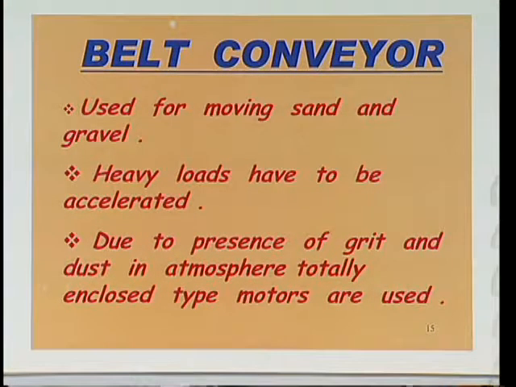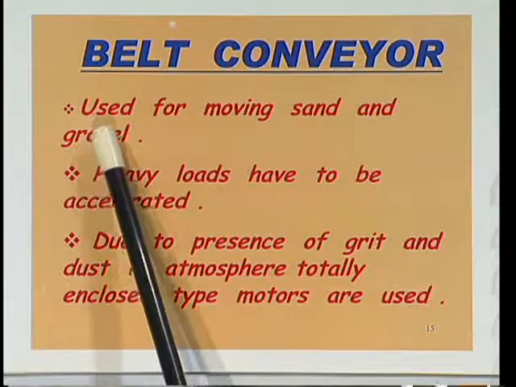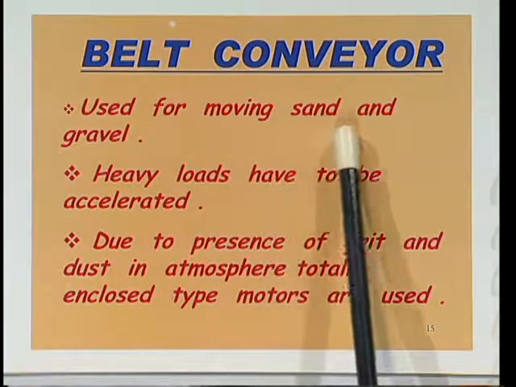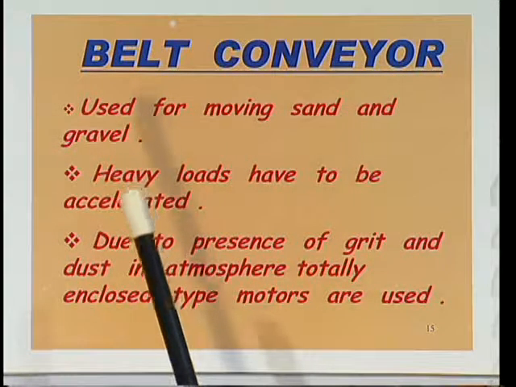In addition to the coal in industries, for moving sand and gravel, these belt conveyors can be employed. The gravel means the small particles of stones. So this belt conveyor is used for moving sand and gravel.